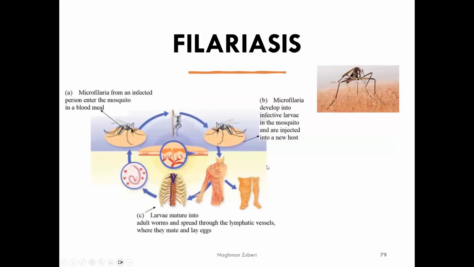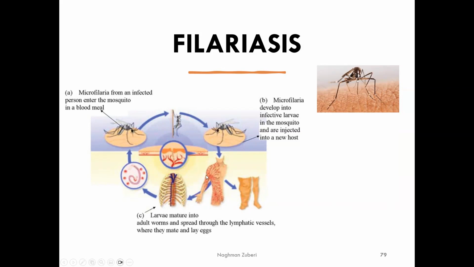Filariasis is a disease where mosquitoes get the larvae after biting an infected person and then transmit them to a healthy person. Those larvae mate, lay eggs, and multiply in number, and they destroy the lymphatic system of that person, which may lead to elephantiasis.